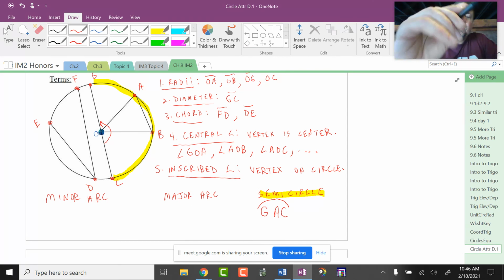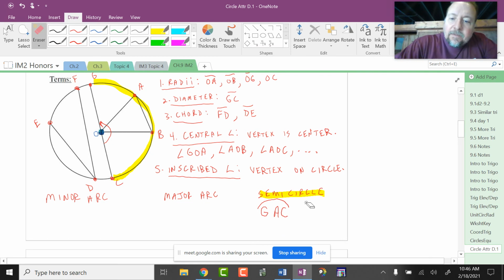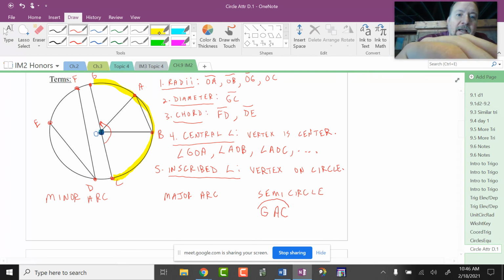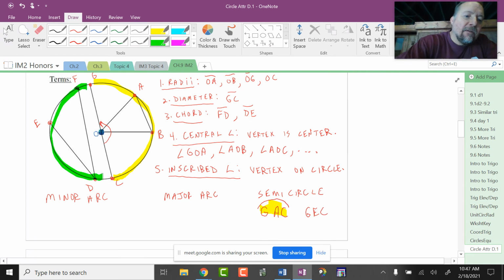Actually, I want to erase that highlight. Okay, I have to rewrite that. Now I want to highlight this. Or you could have arc GEC. See, that's a difference. That is this half, right?